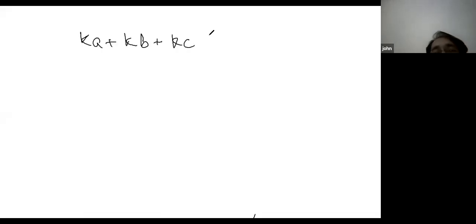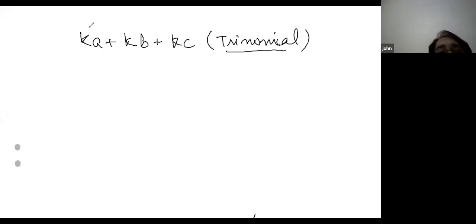You can say this polynomial is known as a trinomial. This is a trinomial as it has three terms: one term, two terms, three terms. In between, positive signs are there. It makes no difference whether it is positive, plus, or minus.